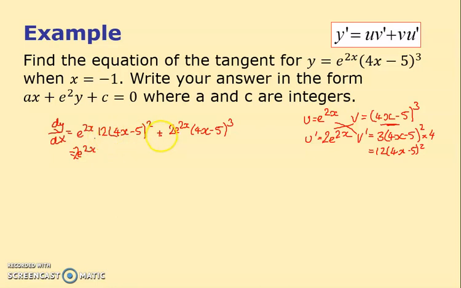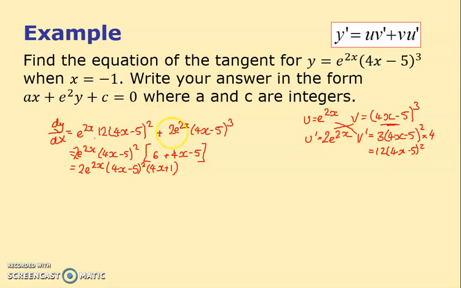This is 12, this is 2, but then I can also take out the (4x minus 5) all squared. And what have I got left? On this one I've got 6 plus, and this one I've got 4x minus 5. So that gives me 2e to the 2x, (4x minus 5) squared, and this can be simplified quite nicely to 4x plus 1.